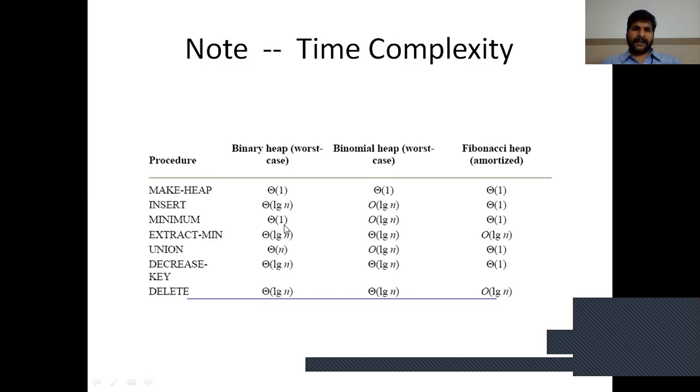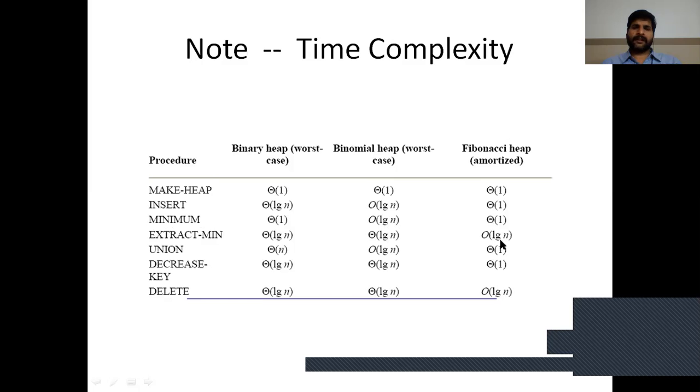Minimum in binary heap is theta 1, binomial heap may be O of log n, here theta 1. Extract minimum key, binary heap has complexity theta of log n, O of log n. Union, binary heap worst case theta n, O log n, theta 1.